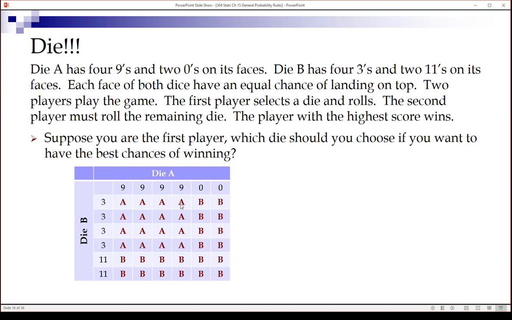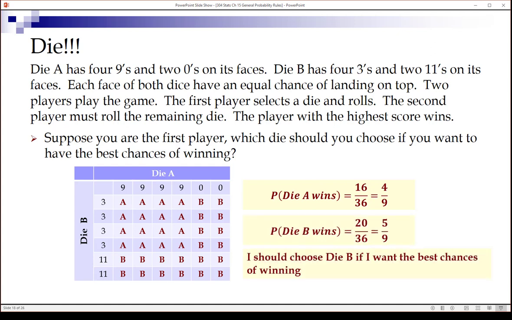On this table, I placed A's anytime A would win and B's anytime B would win. If you count all your A's and B's, there are 36 possibilities, and you can figure out the probability of each. The probability that die A wins is 16 out of 36, or 4 ninths. The probability that die B wins is 20 out of 36, or 5 ninths.